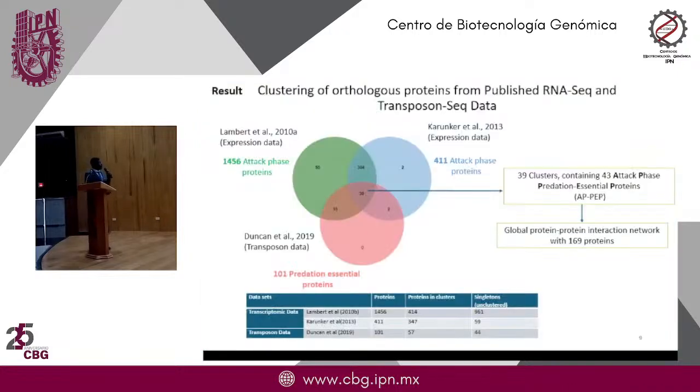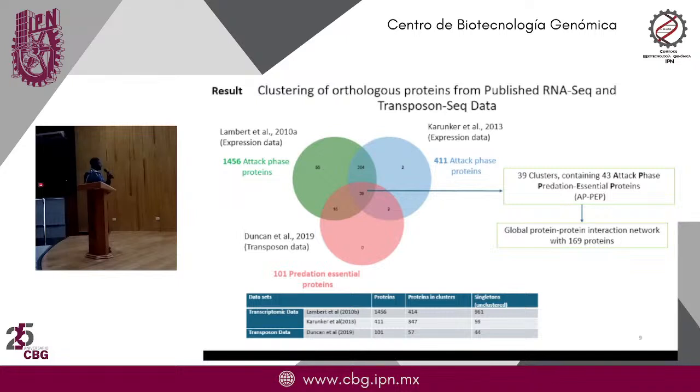When we gathered the expression data, we had two datasets available from publications. We gathered 1,456 attack phase proteins from Lambert et al. and 411 attack phase proteins from Karunker et al.